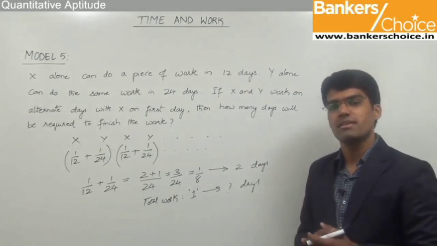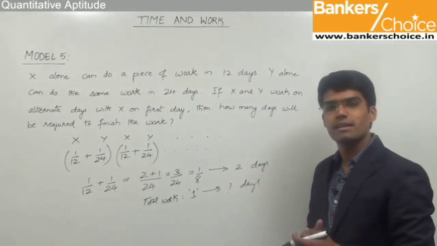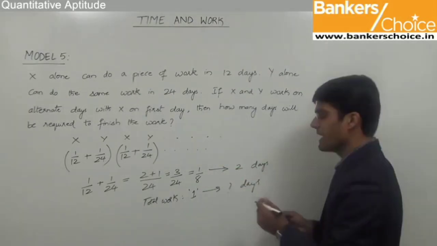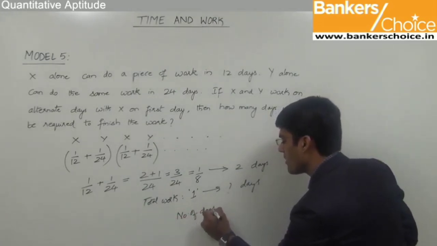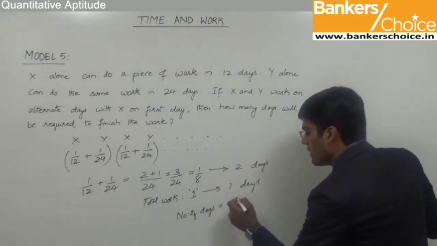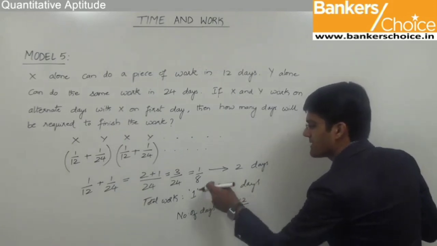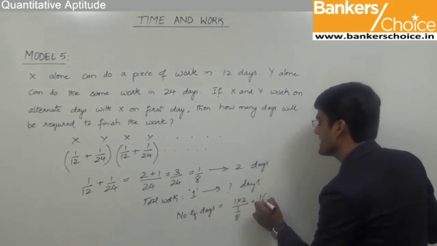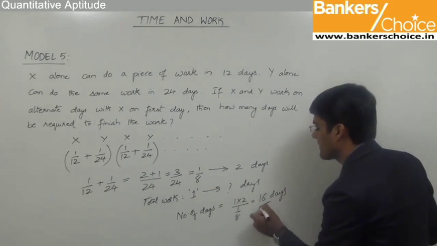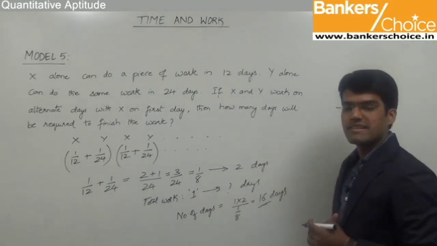Less work, less number of days are required. So we can simply cross multiply and find out the answer. The number of days required when X and Y work alternately will be 1 into 2 divided by 1 by 8, which is equal to 16 days. So our answer here should be 16 days.